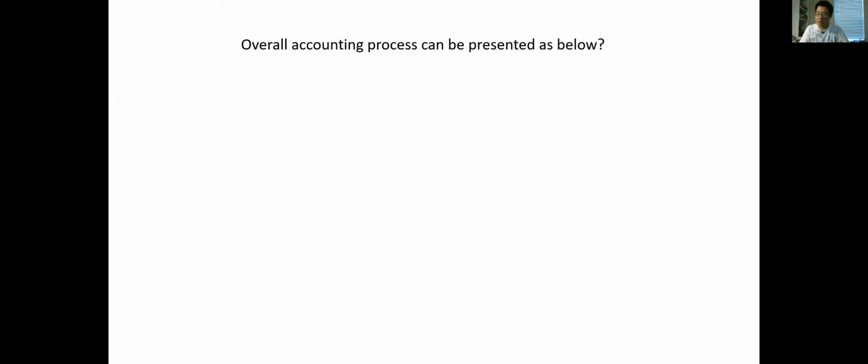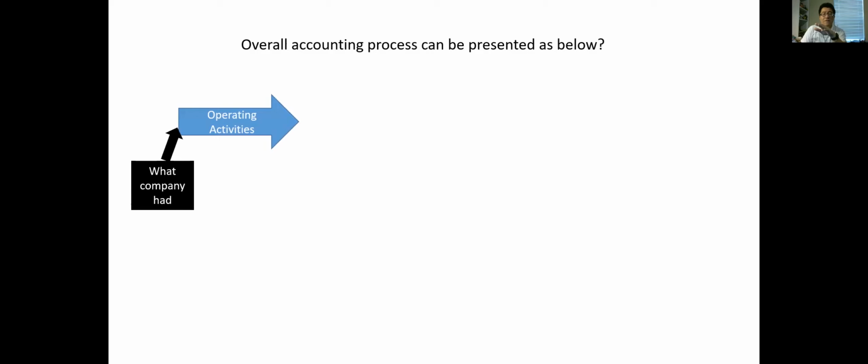This seems to be complicated, but if you really see through it, we can easily understand. For example, at a certain point of time, we see what the company had. When I say had, I'm referring to the assets, liabilities, and equities. Then after some period of operating and other kinds of activities, which might include financing activities and investing activities, by the period end the company will have something different from the previous period end.